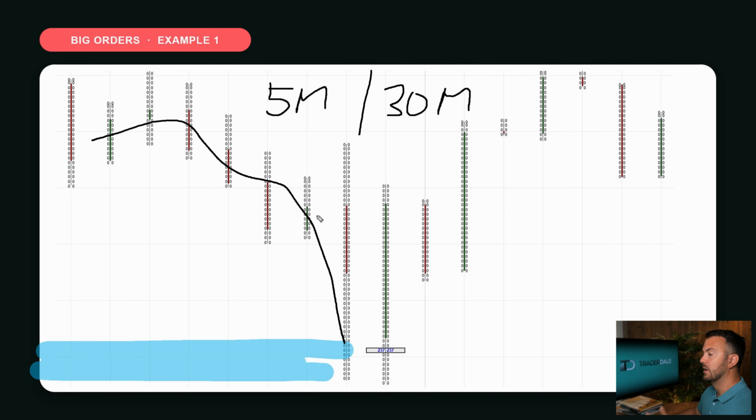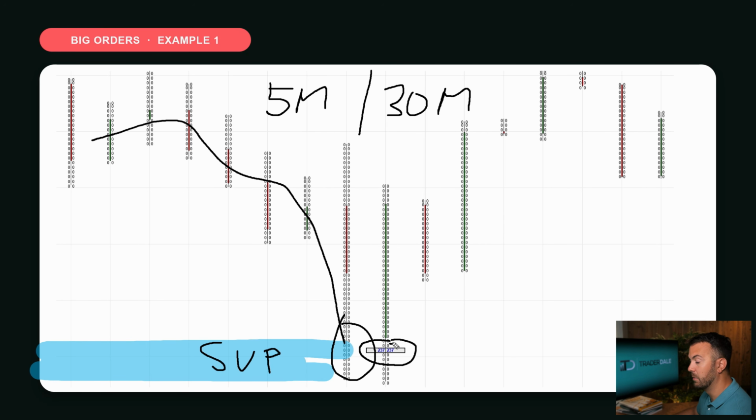Okay? So back to the example. The price drops towards the support and we have at first nothing, but then the next footprint we have heavy volumes, big orders, both at bid and ask. It's not important that it's bid as well as ask. One of them would be sufficient to enter the trade, right? Either bid or ask, it doesn't matter. If you see a big order, pull the trigger.